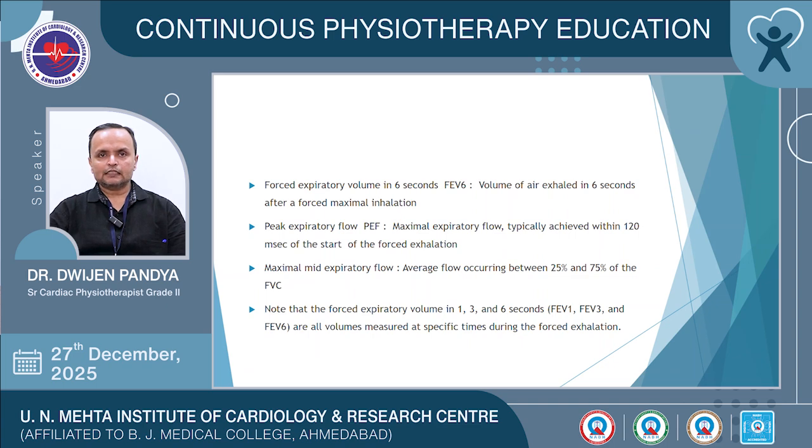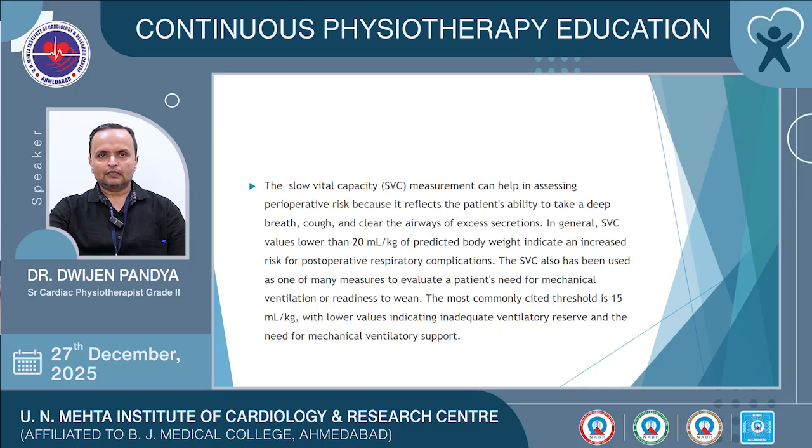Maximal mid expiratory flow is the average flow occurring between 25% and 75% of the FVC. The forced expiratory volumes in 1, 3 and 6 seconds are all volumes measured at specific times during the forced exhalation. So these are the various parameters which are measured during the pulmonary function test.